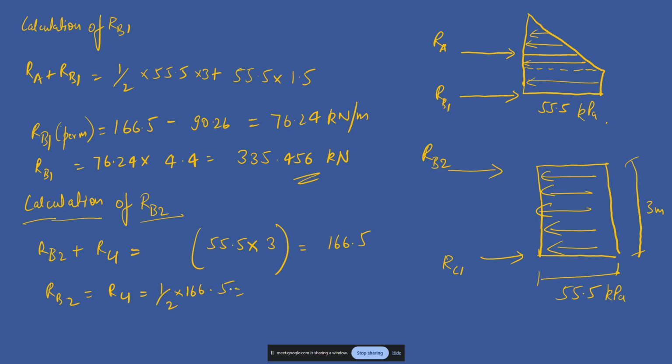So divided by 2 is 83.25 kilonewton per meter. So total RB2 is 83.25 into 4.4, which is 366.3 kilonewton.